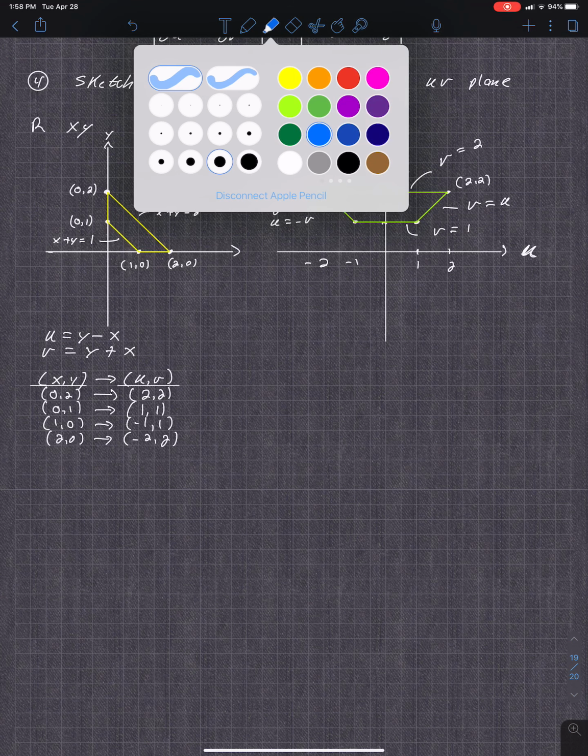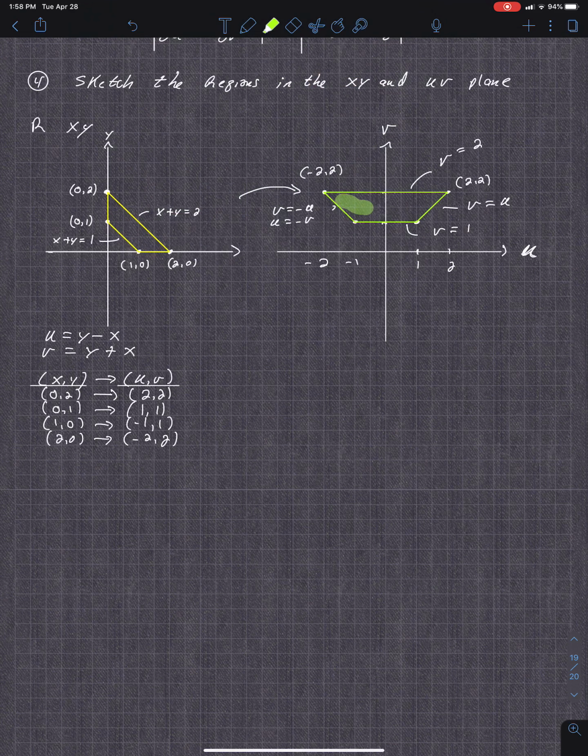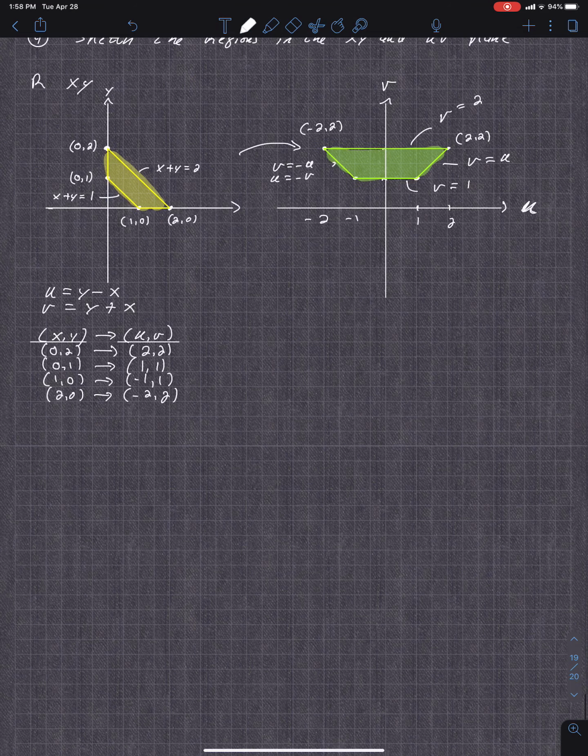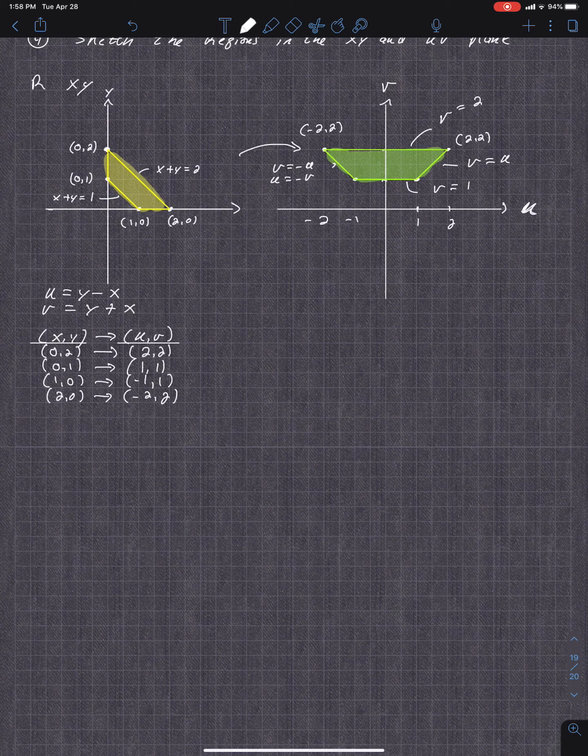So I'll just do it in this color. Here's your region in the UV plane, and here's your region in the XY plane. So now you want to integrate over that region. Normally you may want to go vertical, but if you go vertical, then you have three different regions to integrate over.